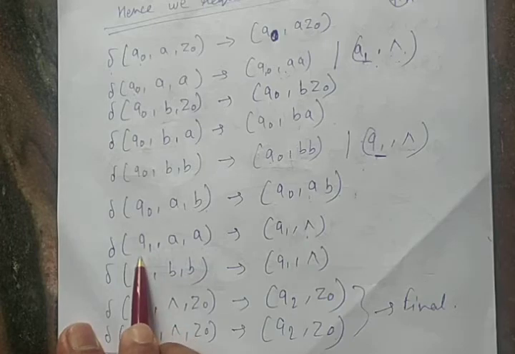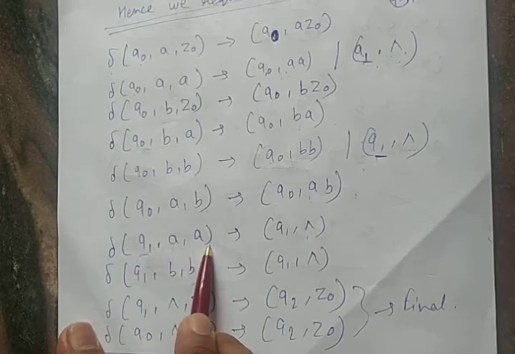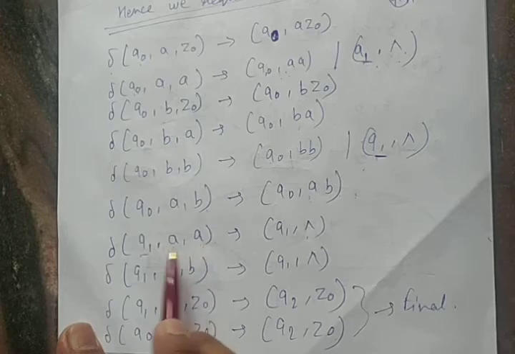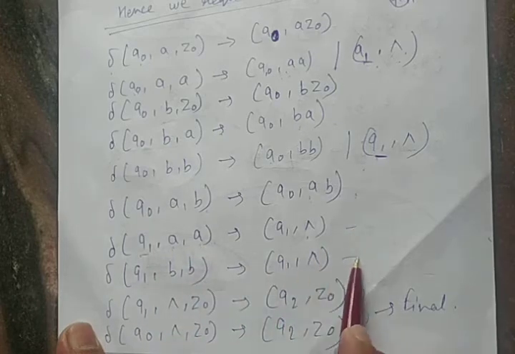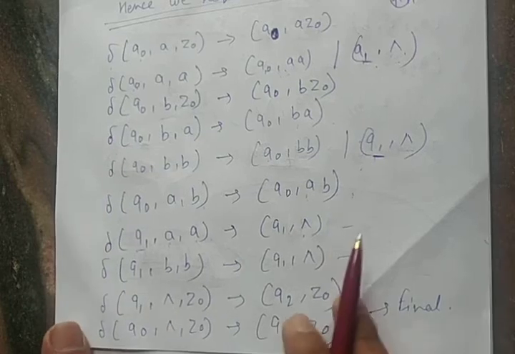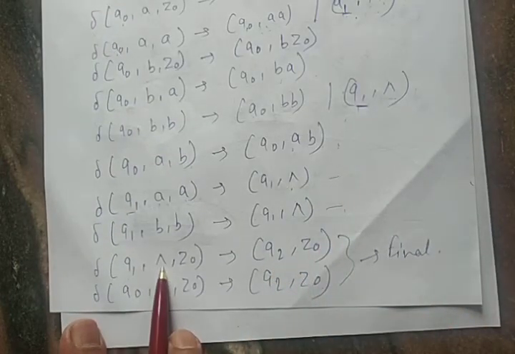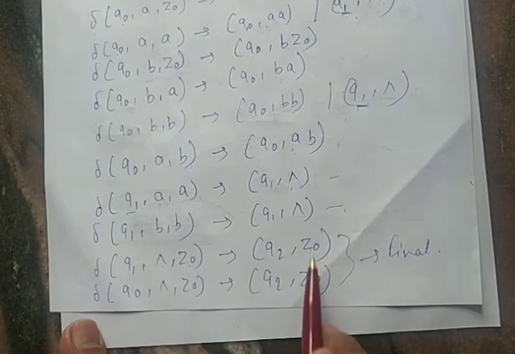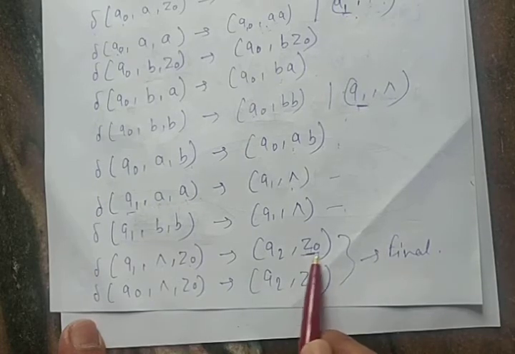So how do I do the deletion? Whatever I am getting, if the top of the stack is A, I am going to delete. Similarly for B, and if everything goes smooth and nothing goes wrong, I'll move into the state where my input is over and my stack is empty, and I'll say that I reached the final state without making any change here.